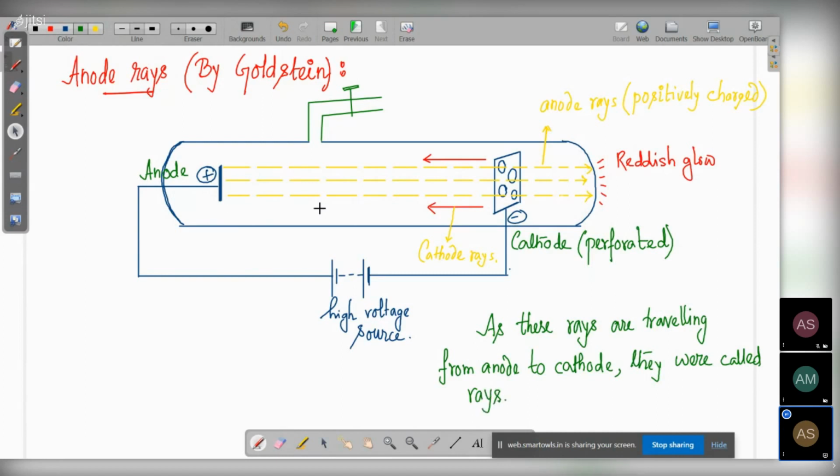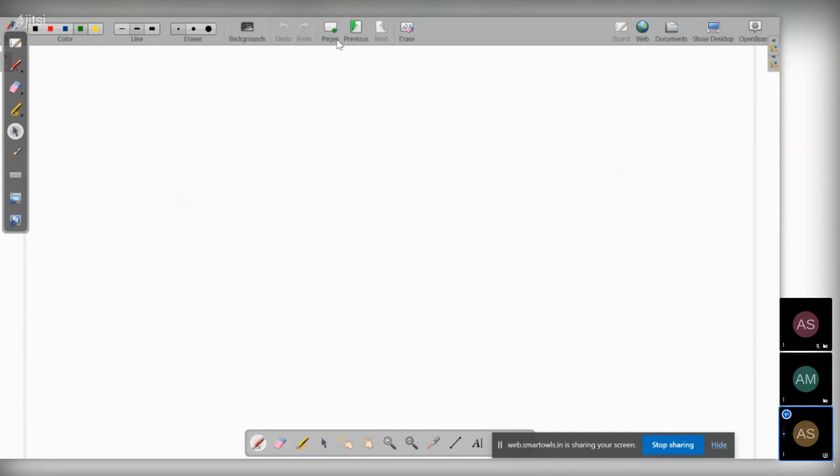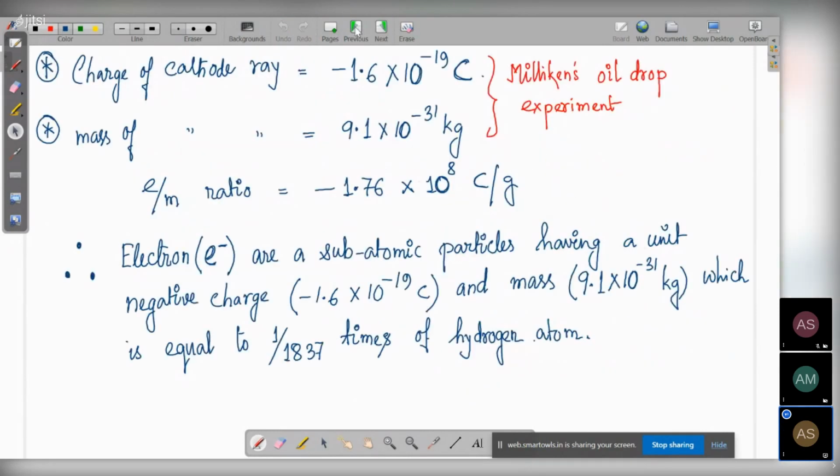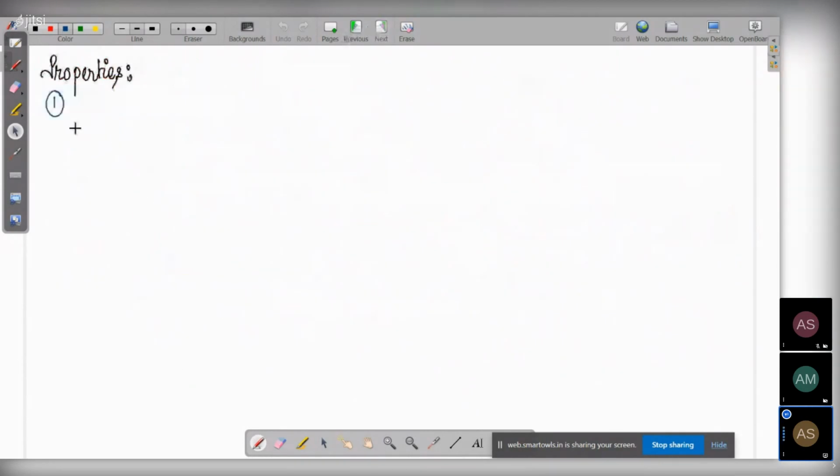Okay. Now we have to do the properties of these anode rays. So let's see the properties. All the properties of anode rays are similar to the cathode rays, points 1 to 3. That means they also cast shadow, they also move the wheel.